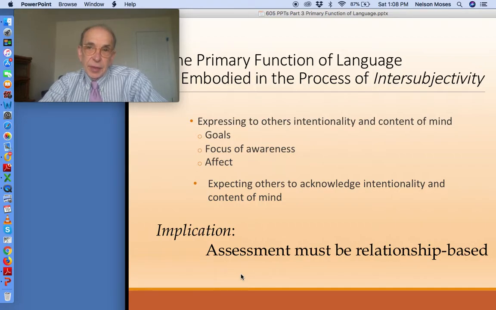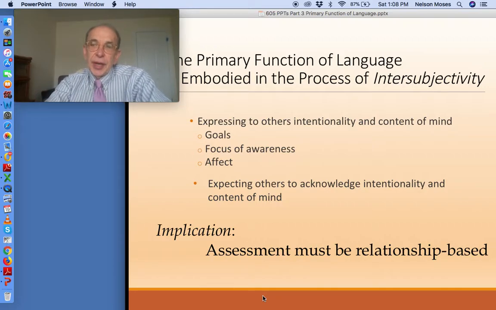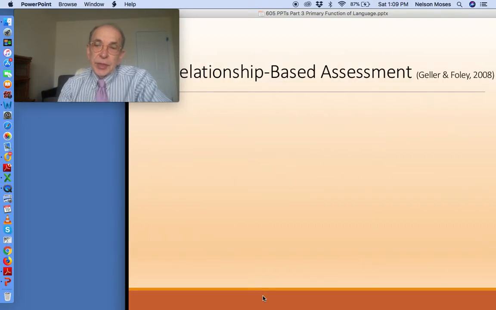Respond to that content of mind, their intentionality. And only by doing that will you get a full picture of their communication, speech and language competence, which is what we're assessing. So assessment must be relationship-based.